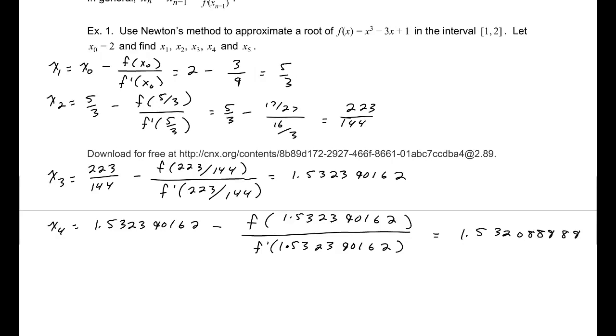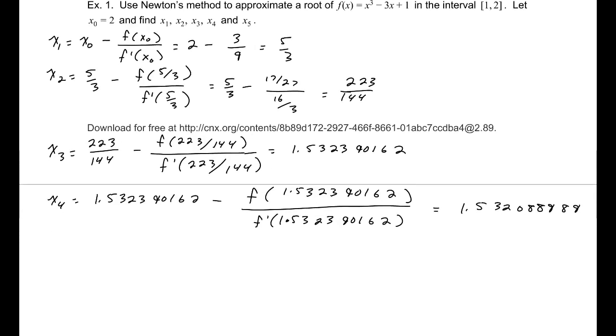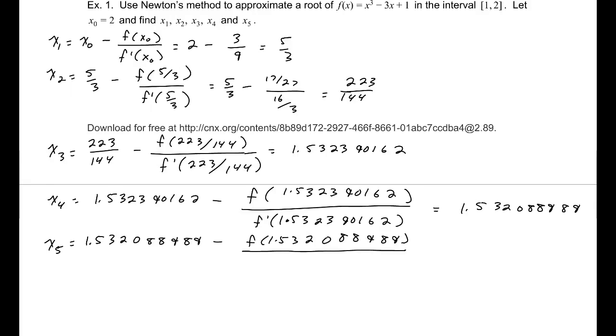Now if you notice, these values are getting closer to a value. Taking 1.532088989 minus f of 1.532088989 divided by f prime of 1.532088989.